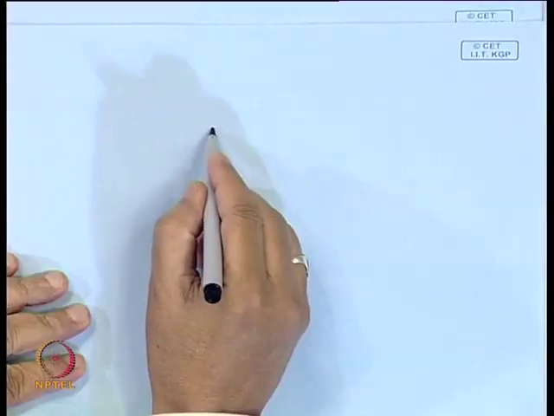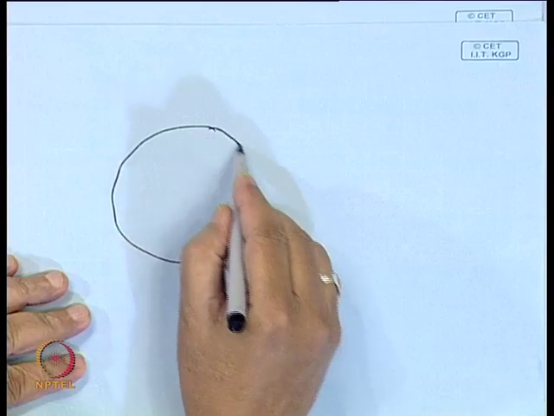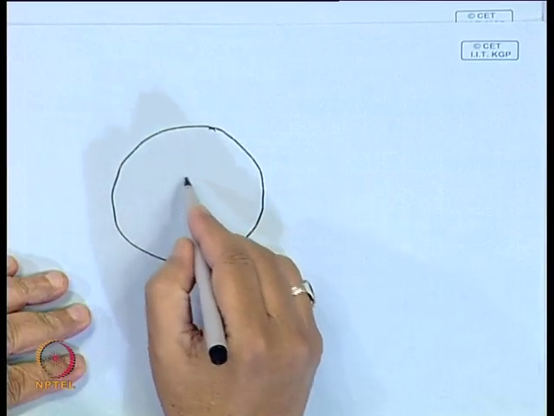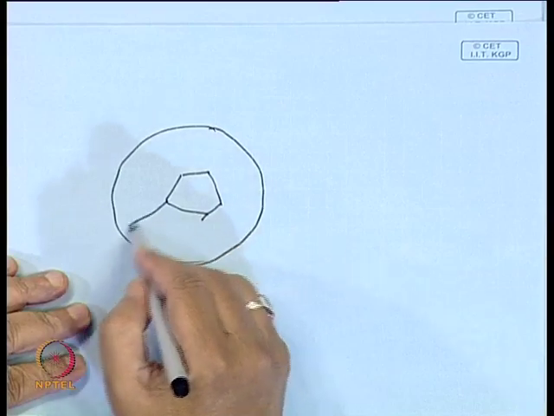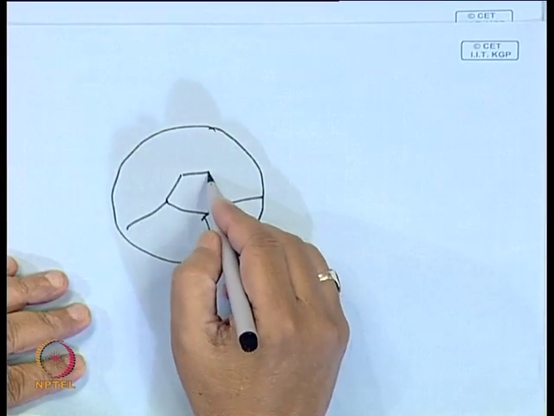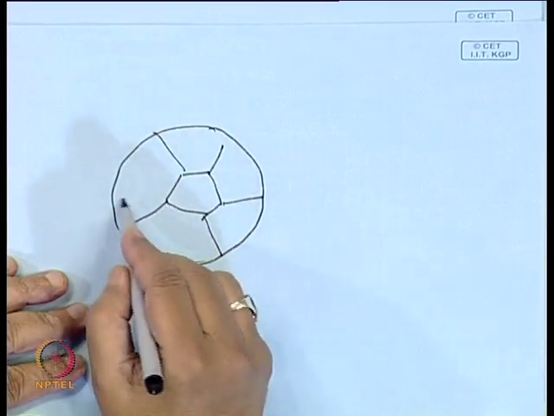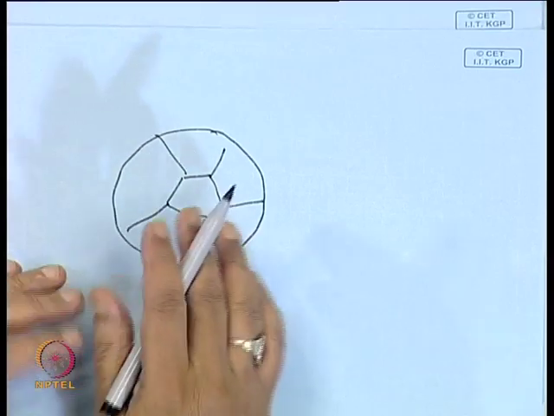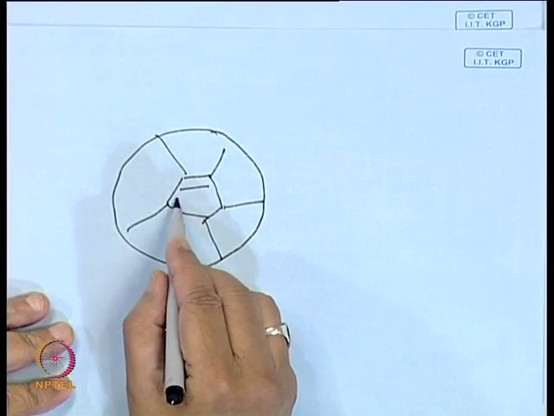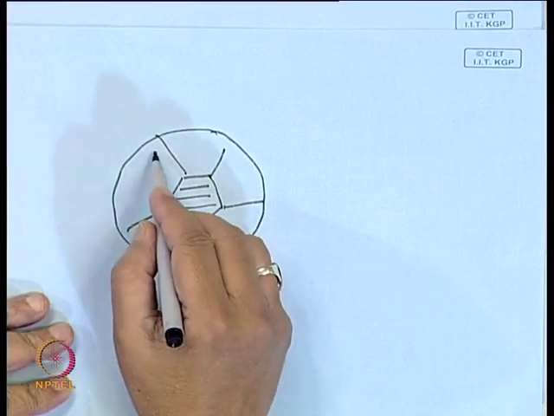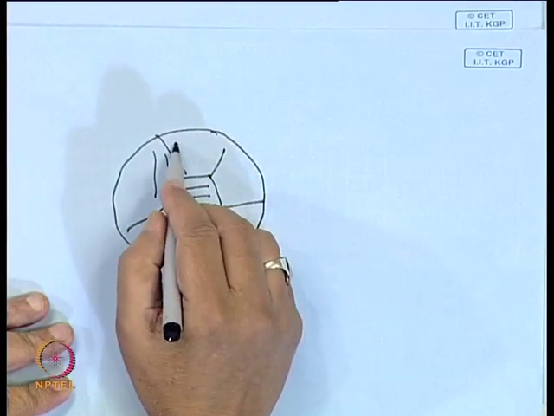Even before you subject it to deformation, you look at its microstructure, something like this, and you deform it, and then you will find some lines, marks like this appear after deformation.